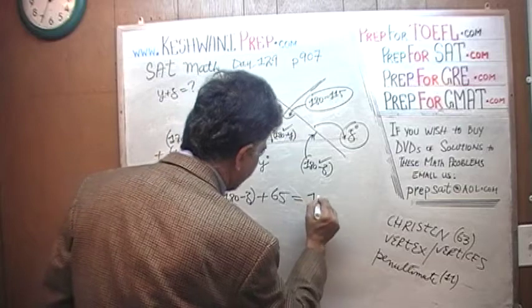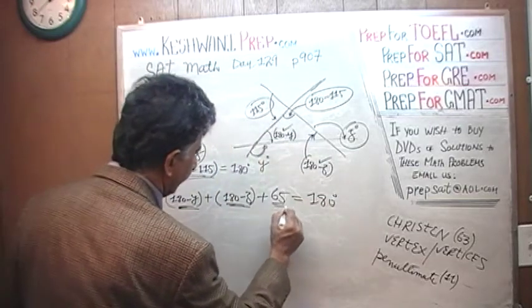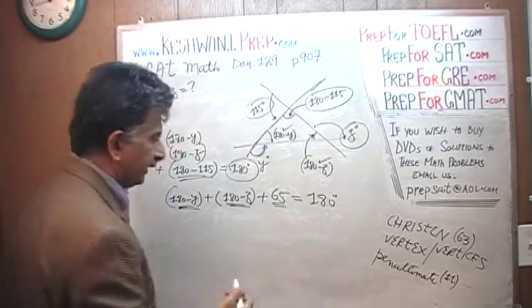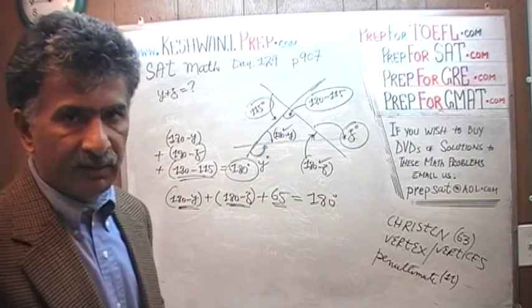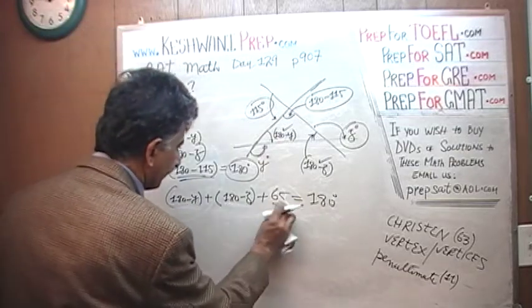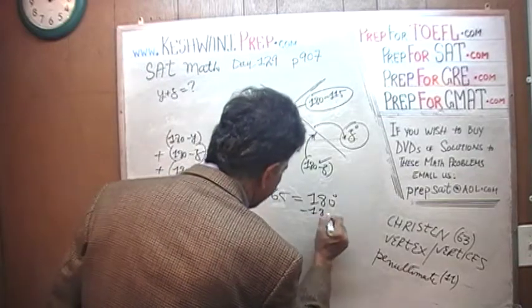And that quantity equals 180. All of these three angles, this angle, this angle, and this angle, have to add up to 180. We see 180 here, we see 180 here, which means if we subtract 180 from both sides, we can get rid of one of these 180s. So let's do that. Subtract 180 from this side, and subtract 180 from this side.